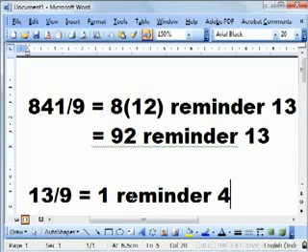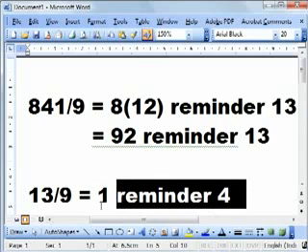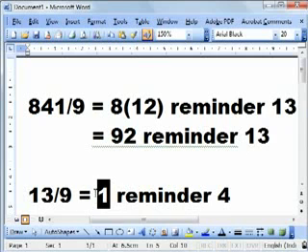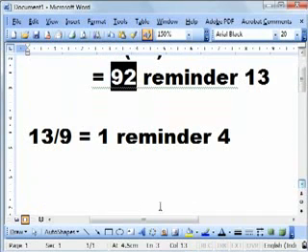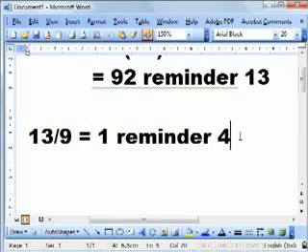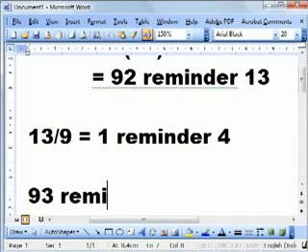Okay, so the final remainder is 4, but we got 1 here that we need to add. So the final answer from these two iterations will be 93 remainder 4.